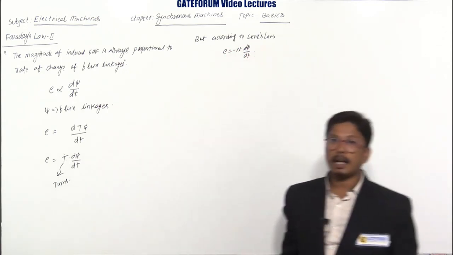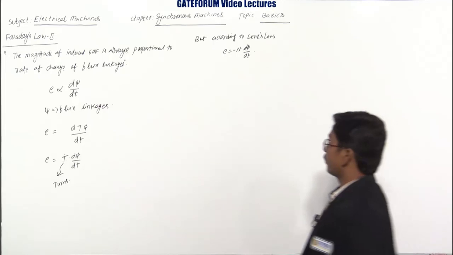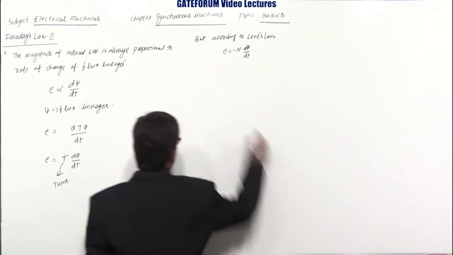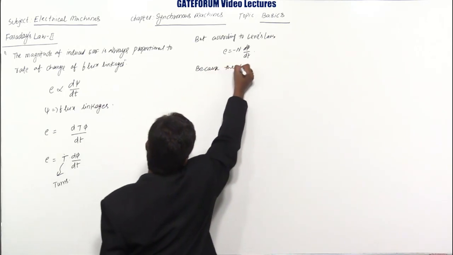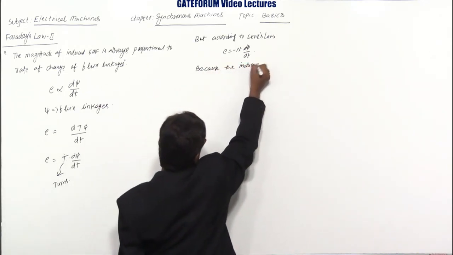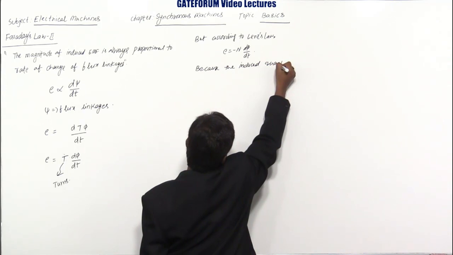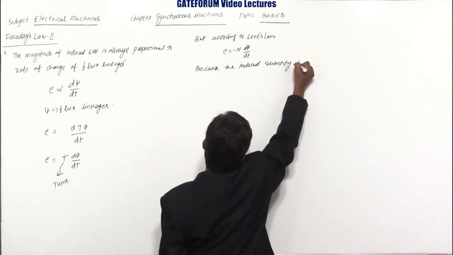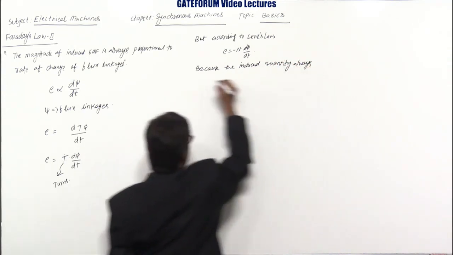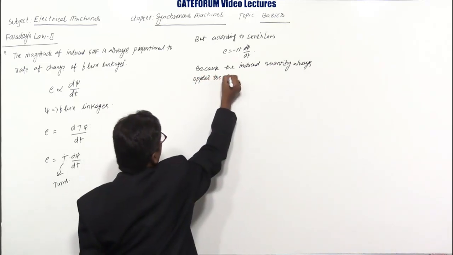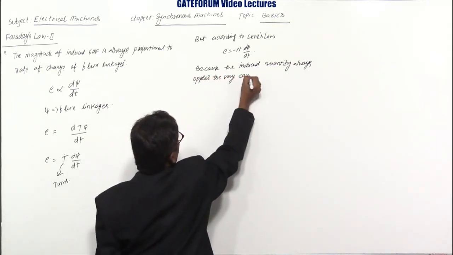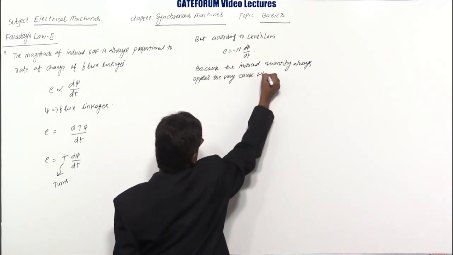The minus sign is because the induced quantity always opposes the very cause which produces it.